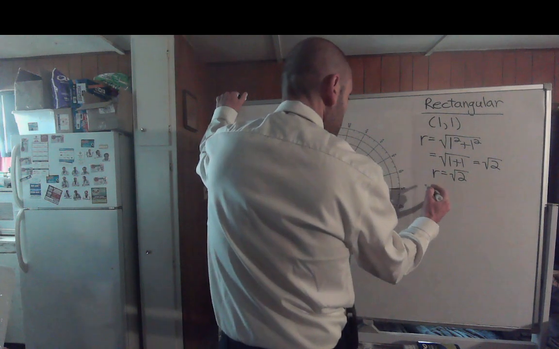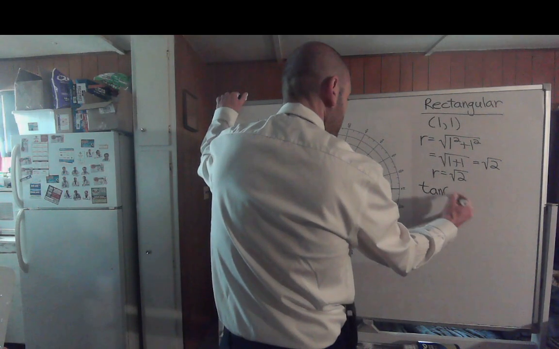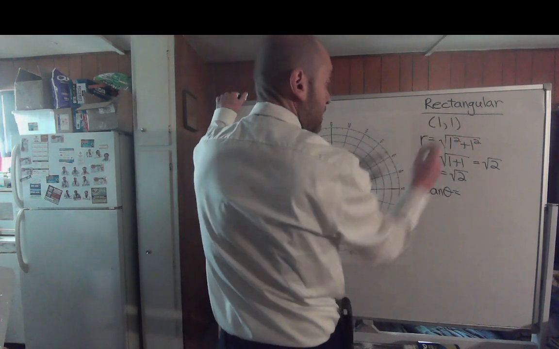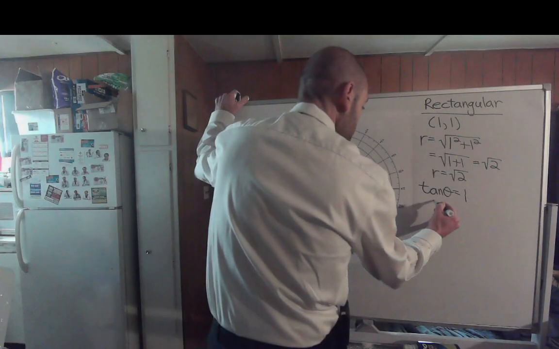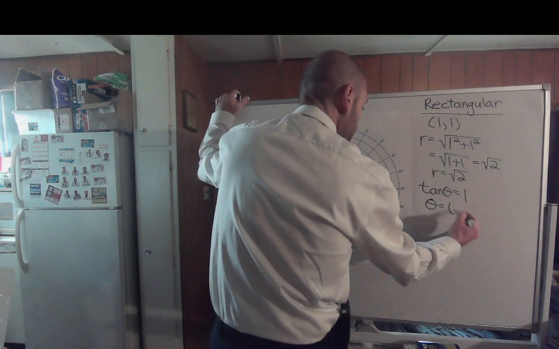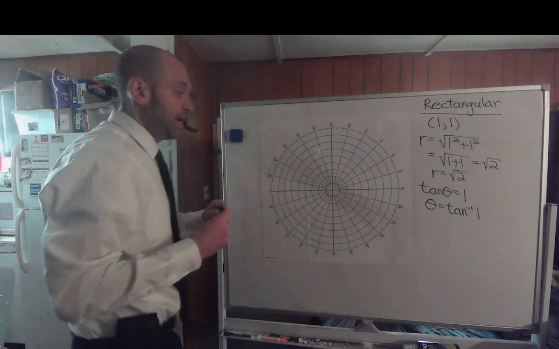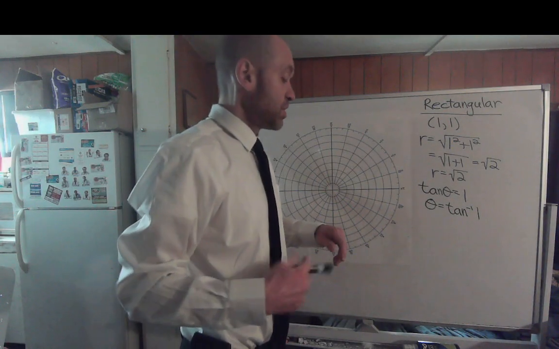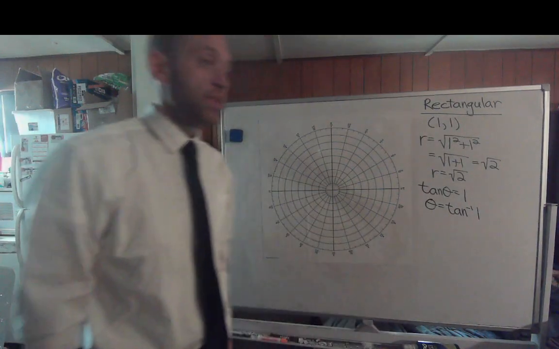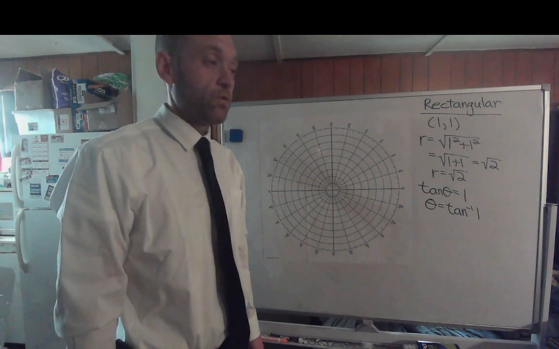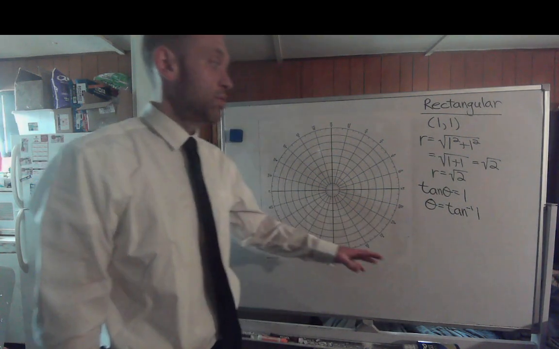We've already stated that the tangent of theta equals y over x. Well, 1 over 1 is just 1. So theta is going to equal the inverse tangent of 1. Well, what angle gives you a tangent of 1? That's going to be based on a 45, 45, 90 right triangle, right? Or a pi over 4 angle.